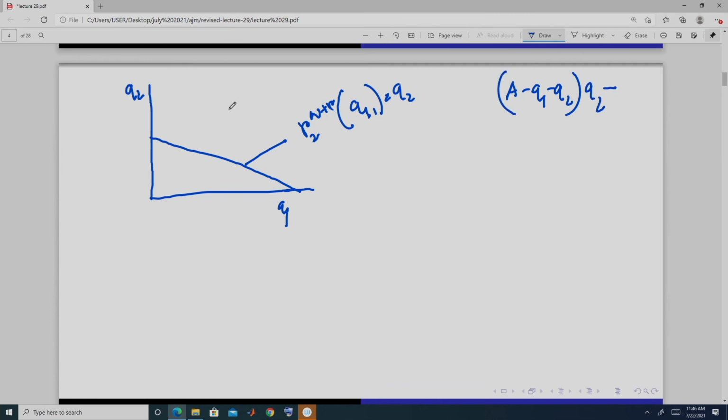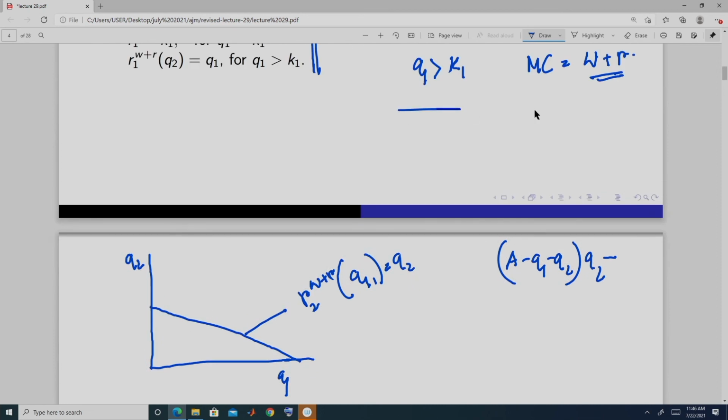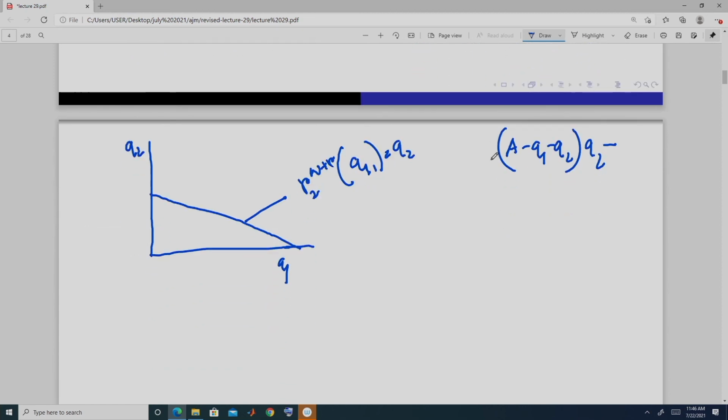Then we get this profit function and the reaction function of firm 2.